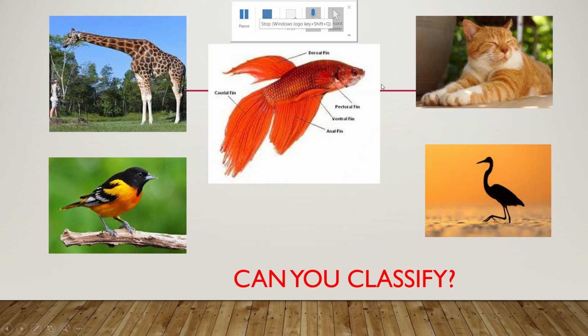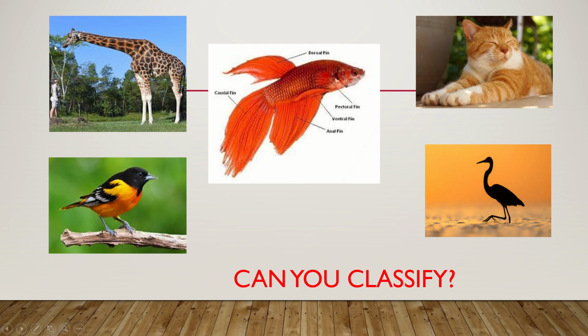Okay. And does this animal have hair or fur? No. What about this animal? It is a fish. I think all of you know the fish. A fish is a group of animals, but we will learn it in the next period, inshallah. Look at this giraffe. Does it have two wings? No. Two legs? No, four.